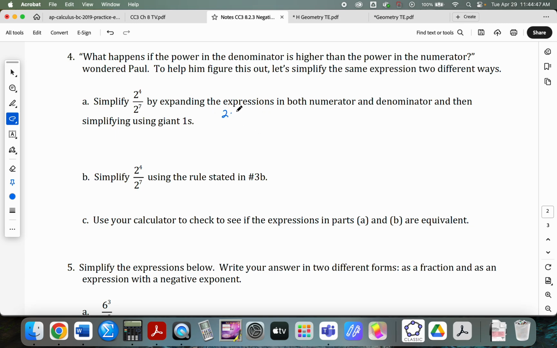Expanding means writing out all the factors in both the numerator and denominator, and then simplifying using basic ones.